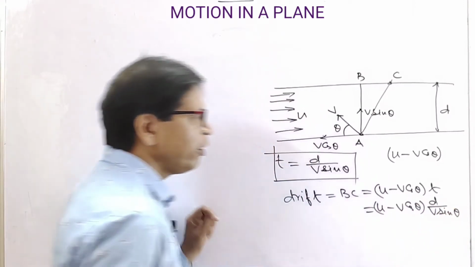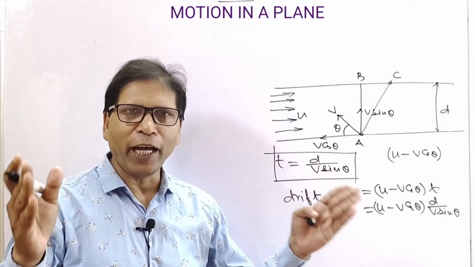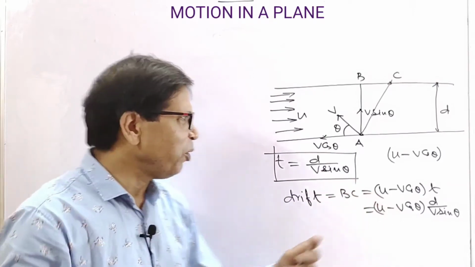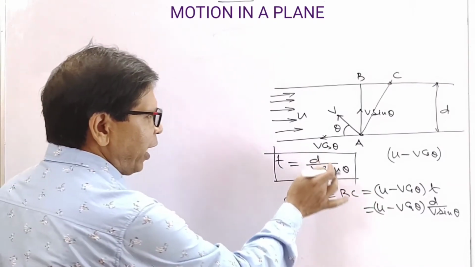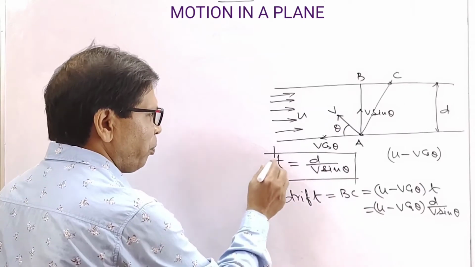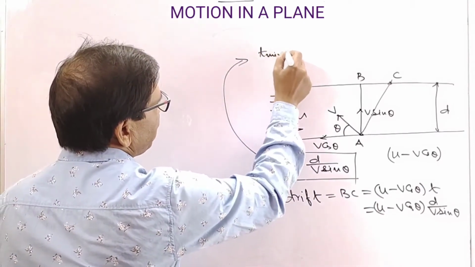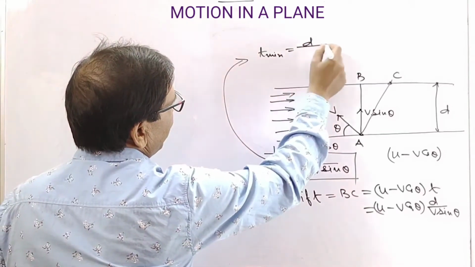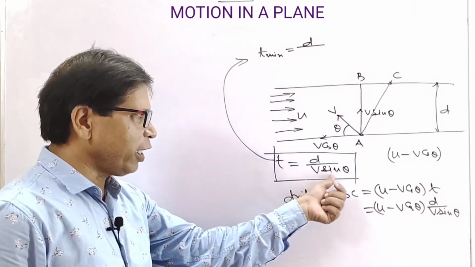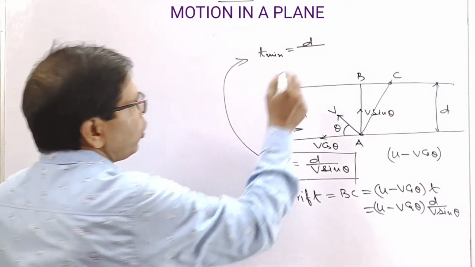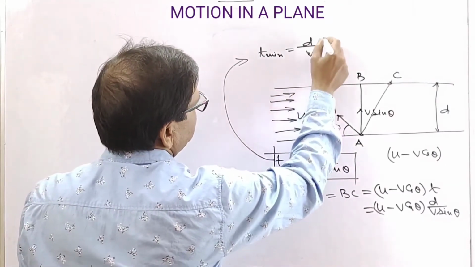Okay, understood? Now the minimum time to cross the river. Look at this, the time t equals d by v sin theta will be minimum, t becomes minimum if theta equals 90 degrees. If theta is 90 degrees, sin theta equals 1, so the minimum time is d by v.